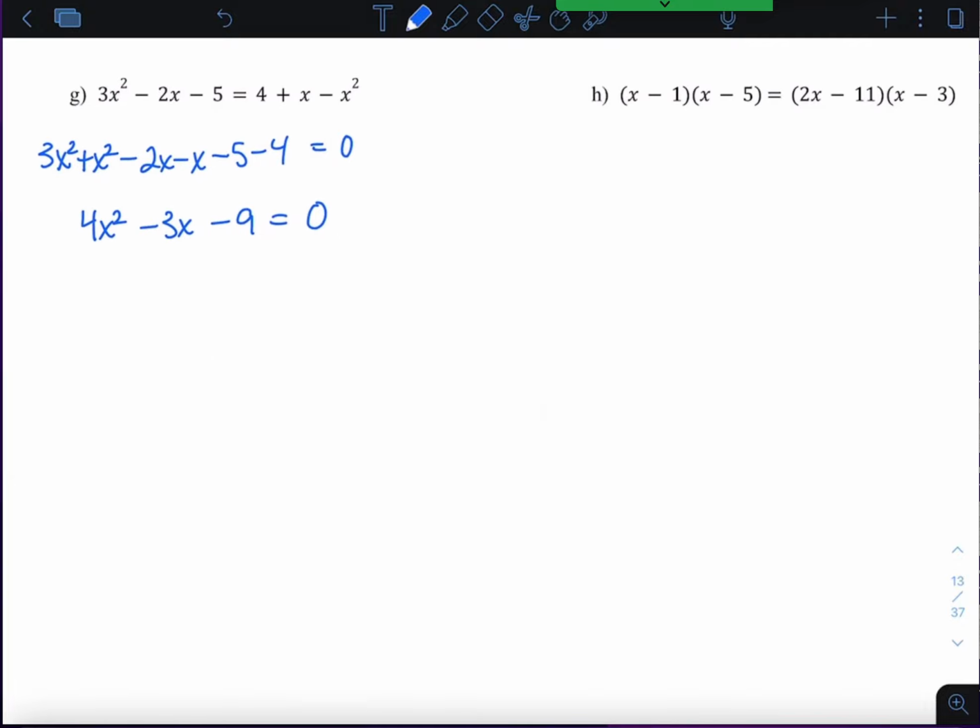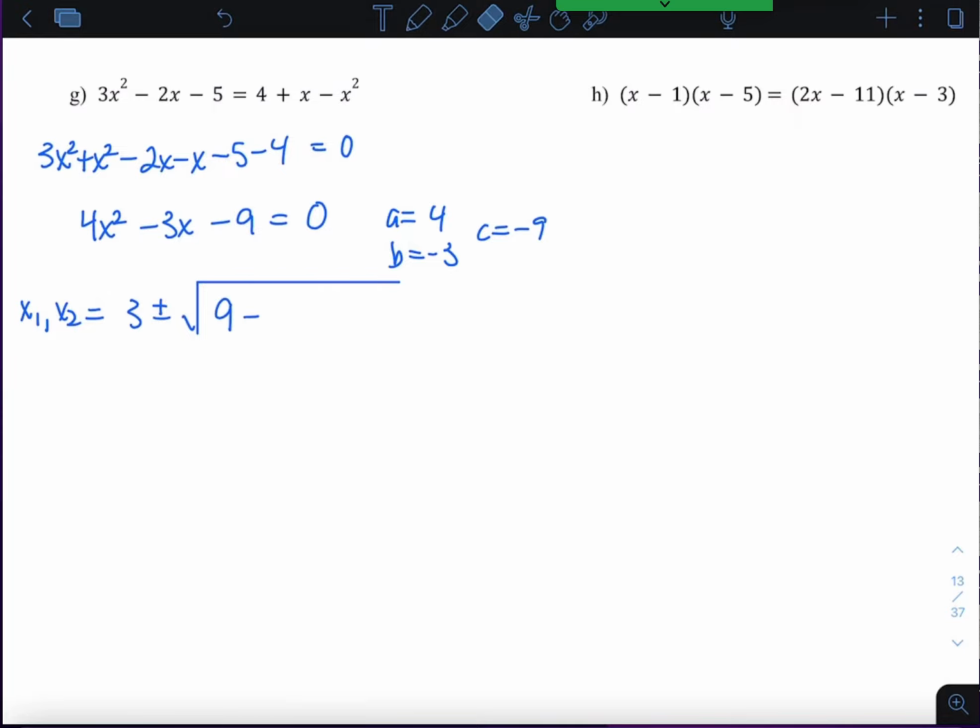Maybe I could factor this, but let's just use the quadratic formula because we were asked to. So I'm going to get x1, x2 is negative b plus or minus the square root of b squared.